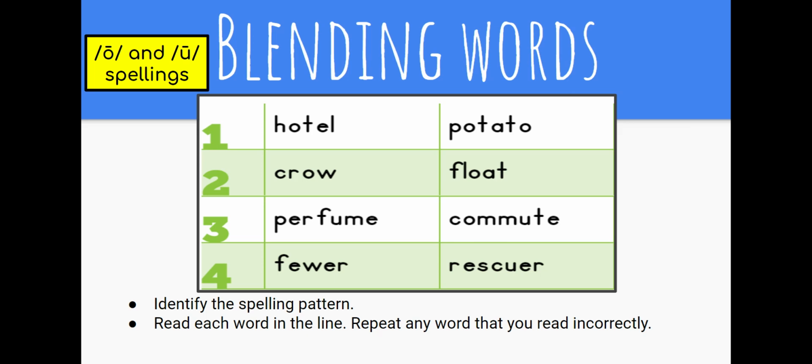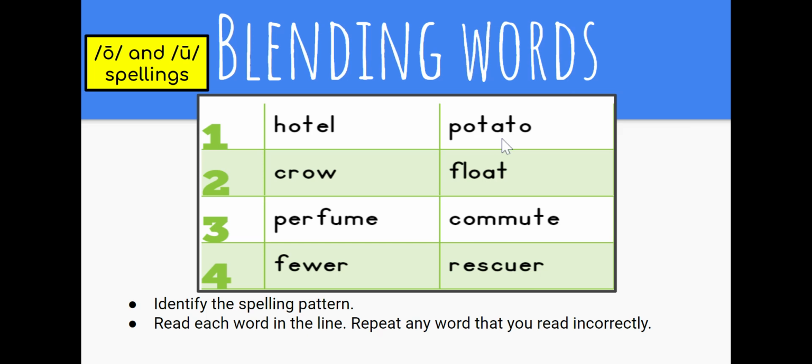Second grade, how did you do being able to identify the long O spelling pattern? When I look at this word here, I see just one O. O says O. Don't get confused. This O here makes more of an aw sound. There's an O and an A, so there's multiple vowels.